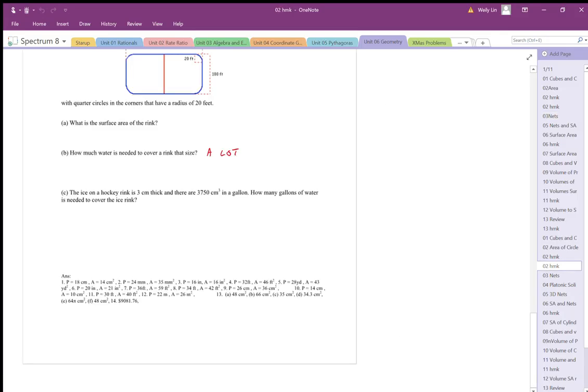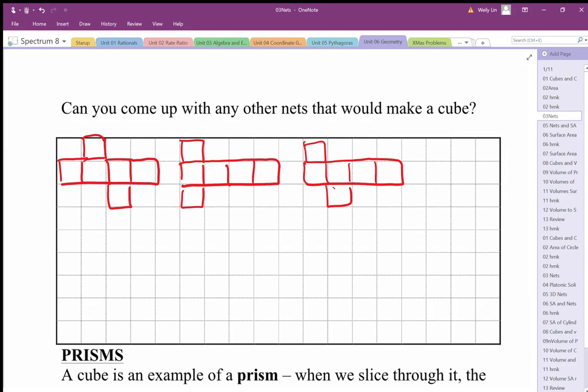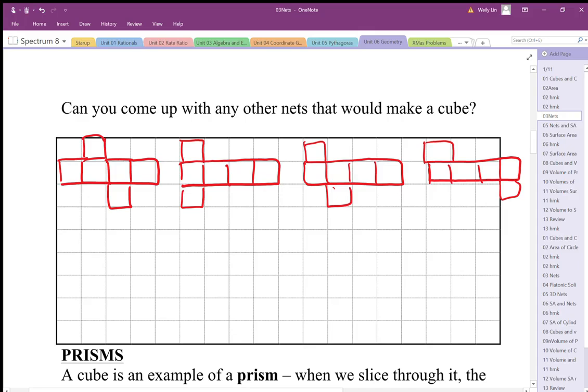We can also leave a space here and have them separated like this. Those are just some examples.